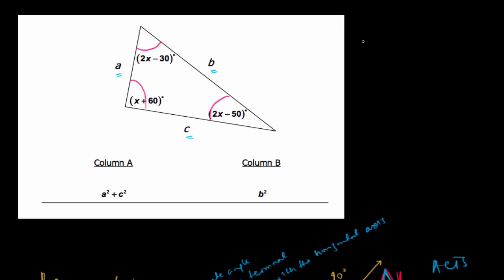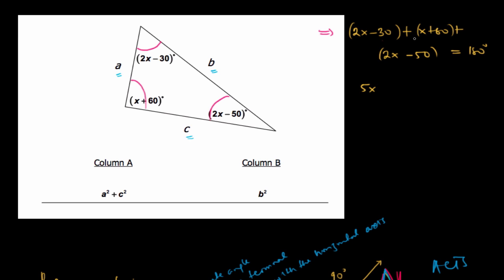So when you sum this angle and this angle, you should have 180 degrees. So let's sum. This implies that when you sum 2x negative 30 plus x plus 60 plus 2x negative 50, this should give us 180 degrees. Now to sum this, 2x plus x is 3x plus 2x, that's going to give us 5x.